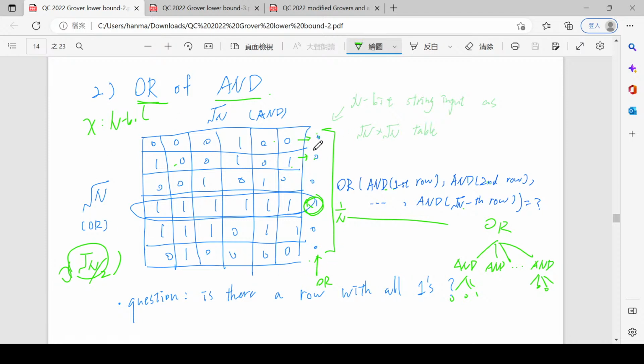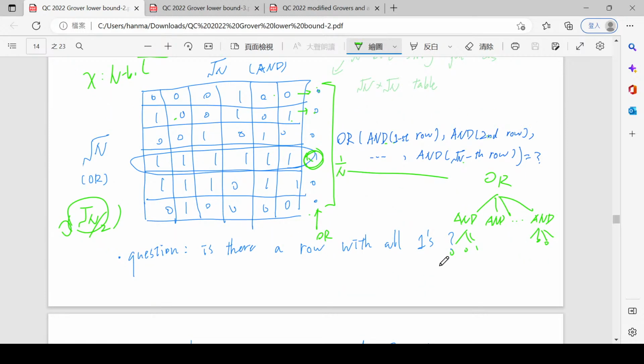This is once again a function on big N inputs. If you translate this into English, it's asking whether there is a row with every element being 1. When you AND over every element in a row, you get 1 as the output, and if you get 1 there, then when you OR over all the row results, you will get a 1.